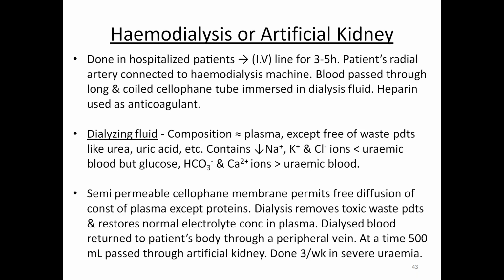So now let's learn about hemodialysis. Hemodialysis can save lives in many types of acute renal failure produced by reversible pathological processes, for example, if there is circulatory shock or mercury poisoning.